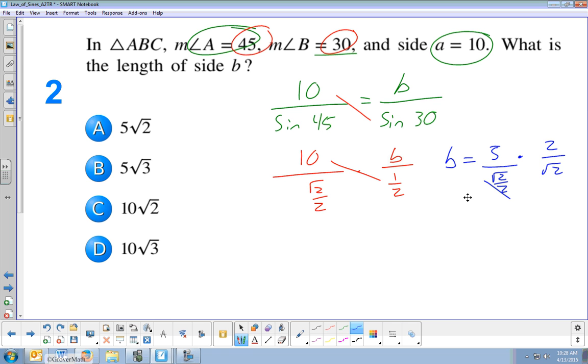And then I can express this as 2 times 5 times 2 over rad 2 is 10 over radical 2, which I can rationalize to be 10 rad 2 over 2, and then simplify the 10 over 2 to be 5 radical 2. So you might have a little bit of radical algebra to play with there.